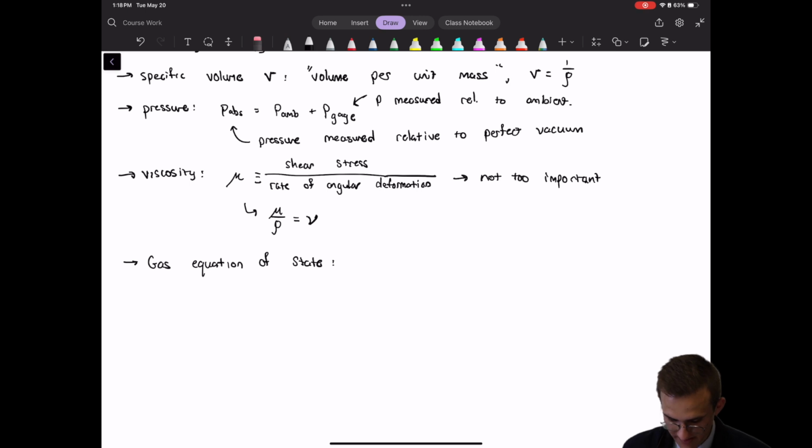Depending on what kind of scenario you're in, you'll have different assumptions. So when you're in traditional fluid mechanics and dealing with high density liquids, you actually just assume that the density is constant, right?